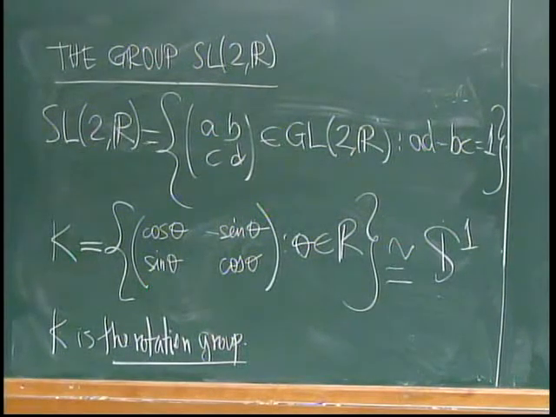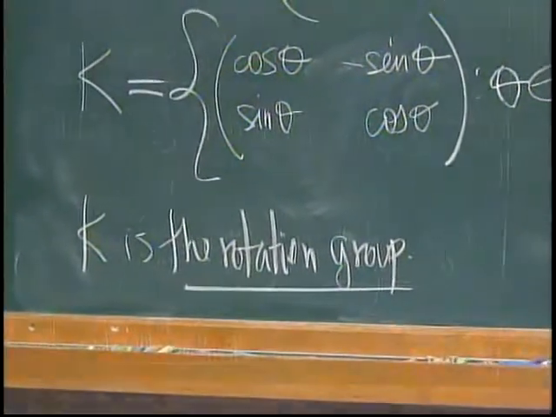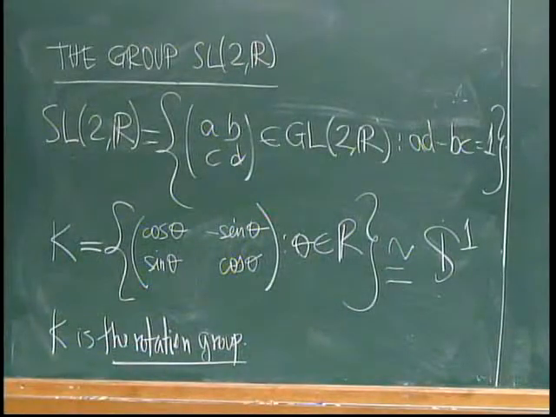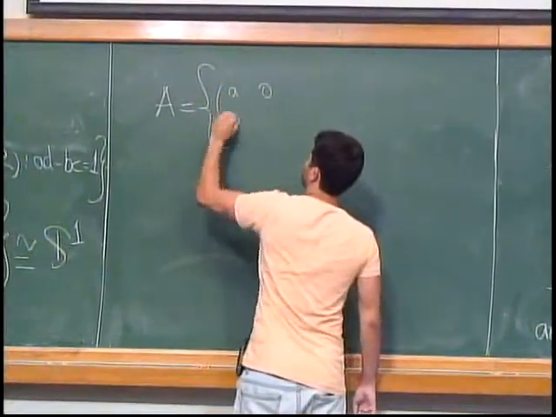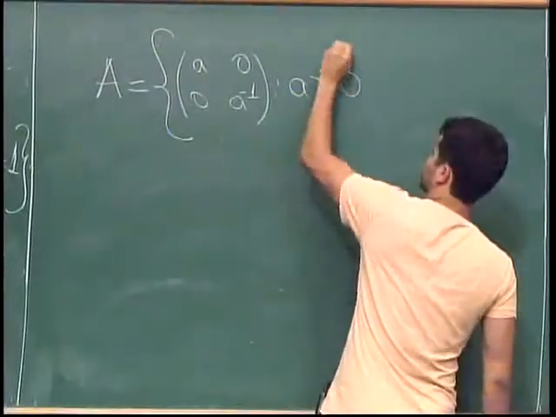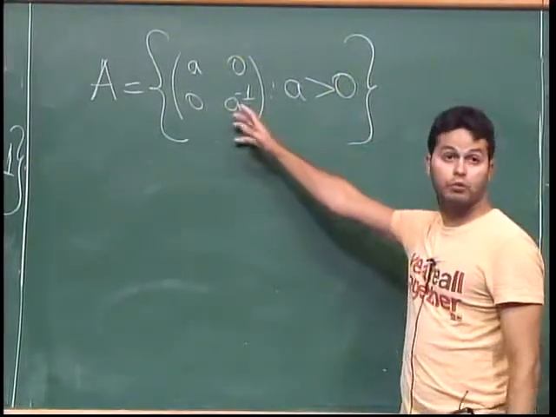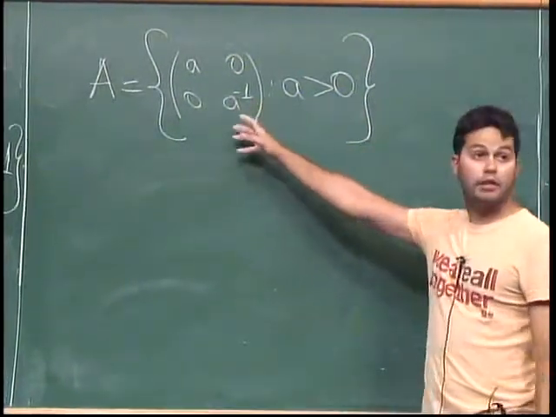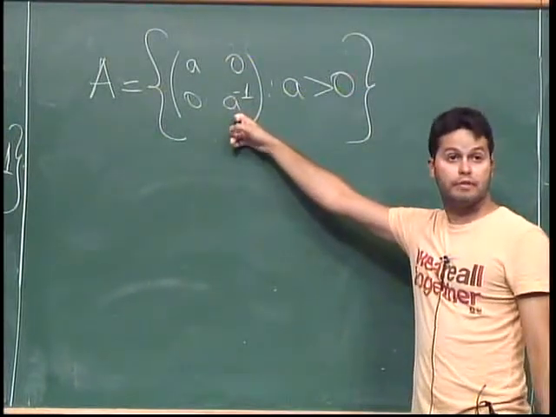Another guy which is of interest for us, and we are going to see that it's intimately related to the geodesic flow, is the diagonal group. The diagonal group is given by matrices of this type here for A positive. Again, they have determinant 1. If you look at the linear action on R2, they are hyperbolic matrices.